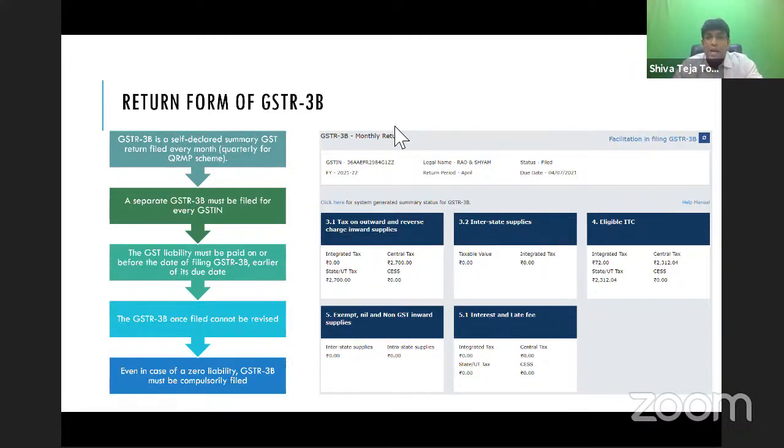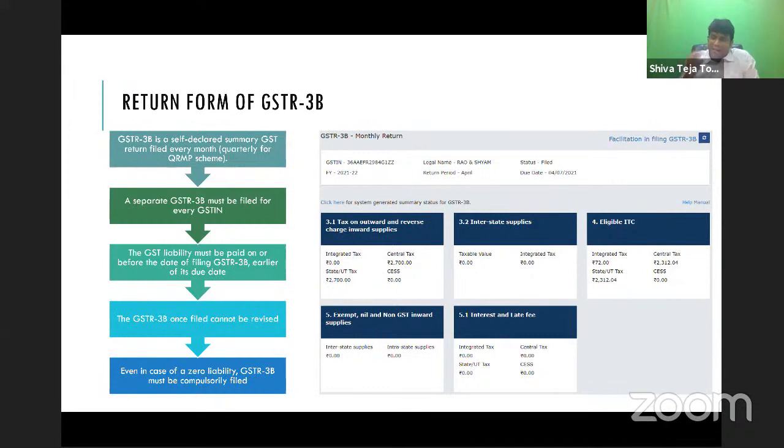Then 3.2, interstate supplies. Next one, eligible ITC, table 4, very important. Then table 5, exempt, nil rated and non-GST inward supplies. I'm sure we already discussed the difference between exempt, nil rated and non-GST. Non-GST are those which are not covered in GST. Nil rated are those where the rate of tax is 0.